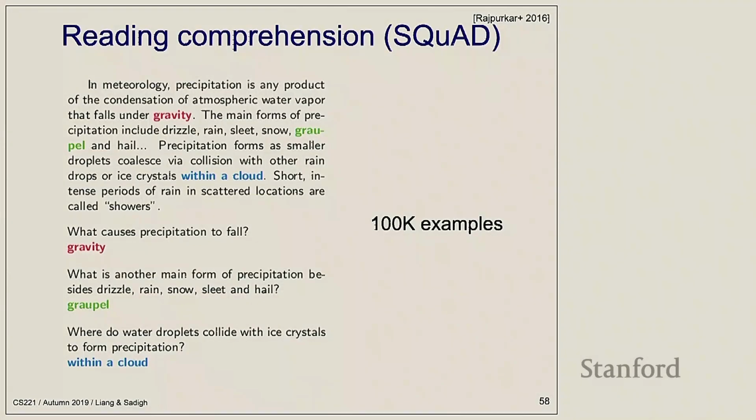Okay, and then the last method of unsupervised learning that we're going to talk about is motivated by this task. There's this data set called SQuAD, which is about 100,000 examples, where each example consists of a paragraph and then a bunch of multiple choice questions based on that paragraph.